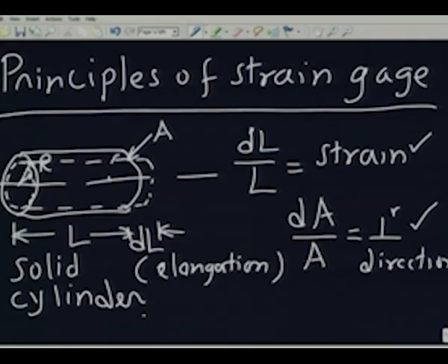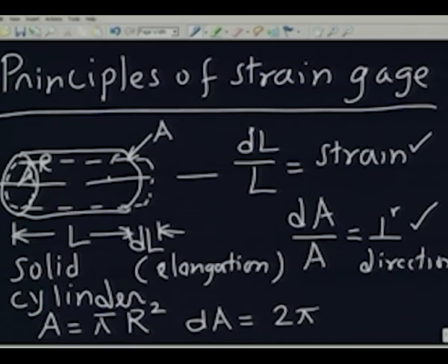Okay. Now, the area of cross section A is pi r squared, and therefore, dA equal to 2 pi r dr. I am again assuming very small changes, and therefore, I can even use differentiation to indicate the changes. Okay, dA equal to 2 pi r dr.